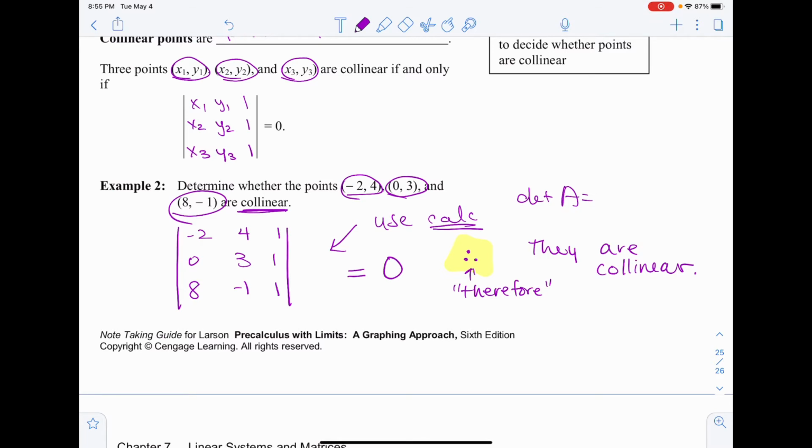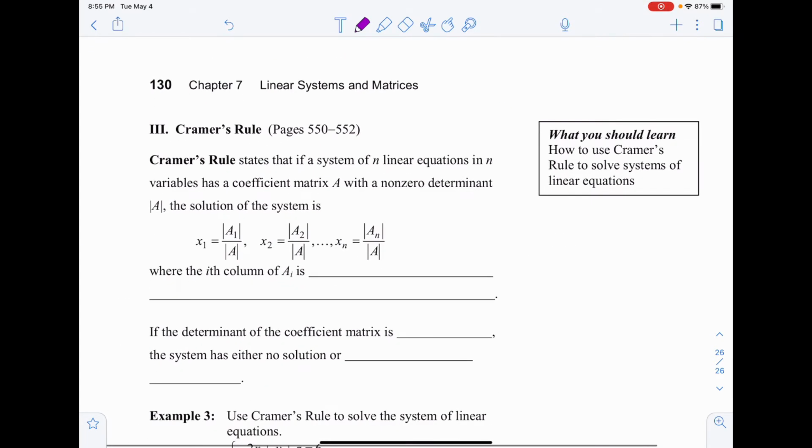There we go. Okay. So now here we get to jump into Cramer's rule, which is kind of fun.